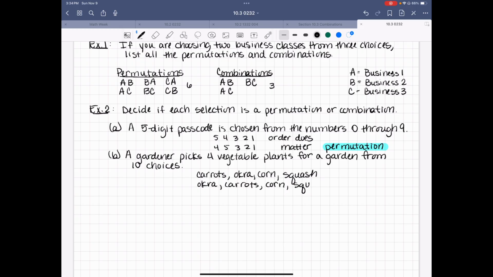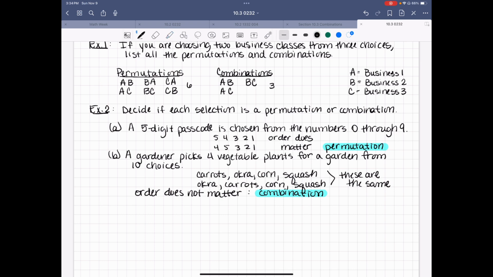These are the same. So that means order does not matter. Therefore, it is a combination.